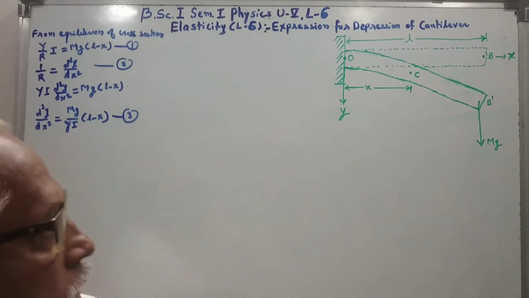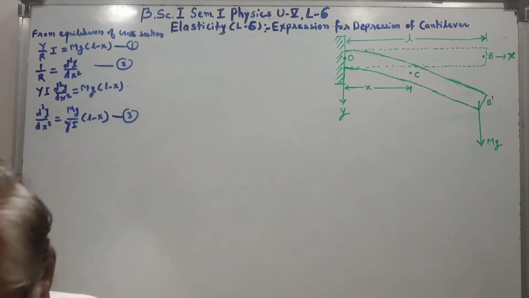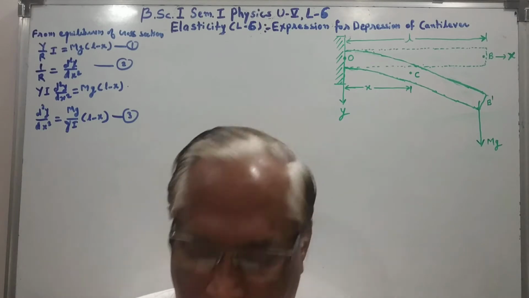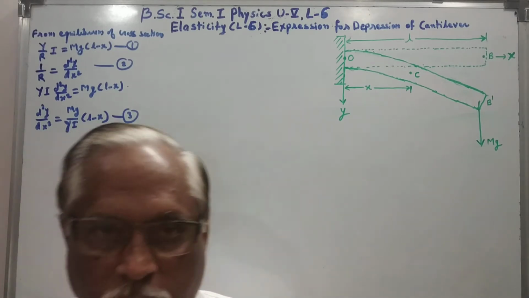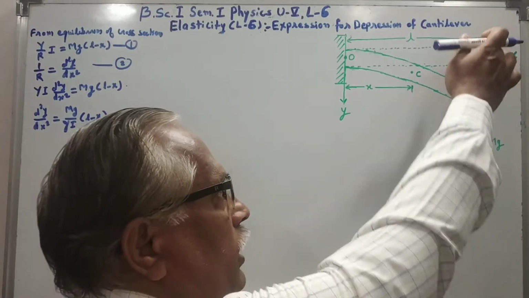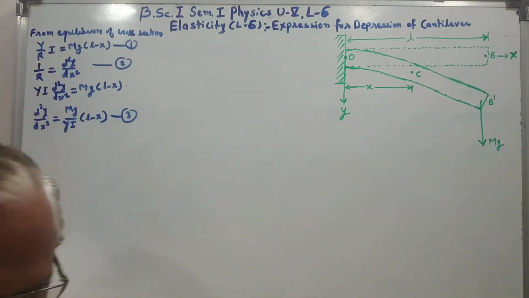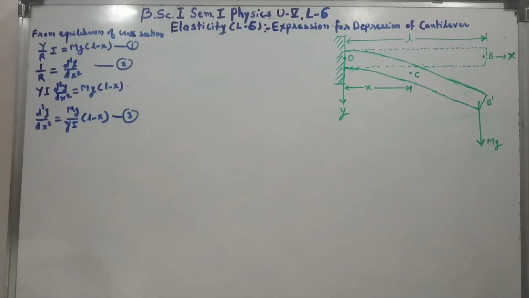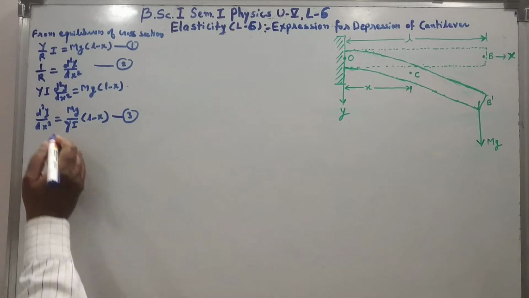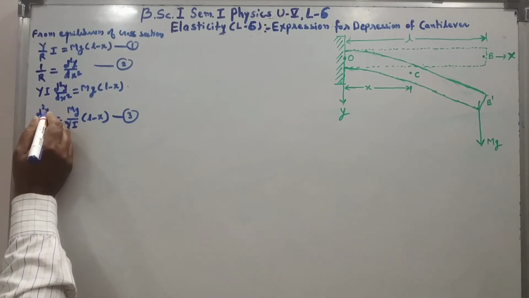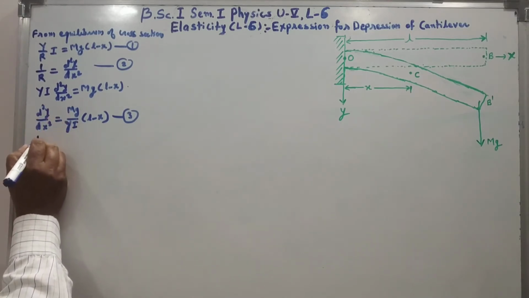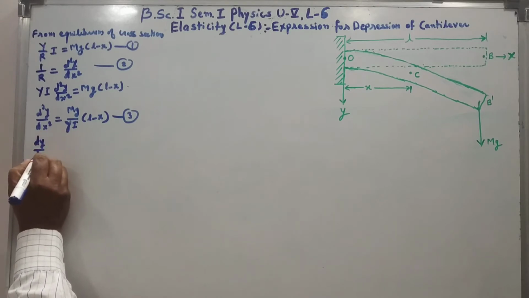Now equation 3 is the differential equation of the neutral axis after bending takes place. Integrating equation 3 with respect to x, the integration of d2y by dx square is dy by dx.